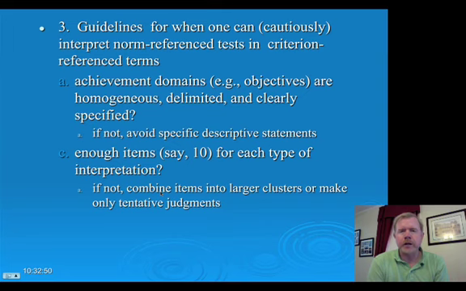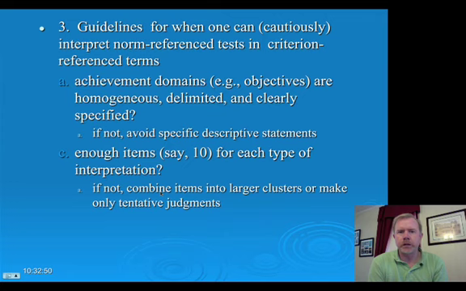For example, the first is, what are the achievement domains that are measured by the norm reference test? Are they homogeneous? Are they all relatively similar? Are they delimited specifically to what the achievement objectives should be? And are they clearly specified? If they're not, it's very difficult to say that students have a level of mastery around specific content objectives.